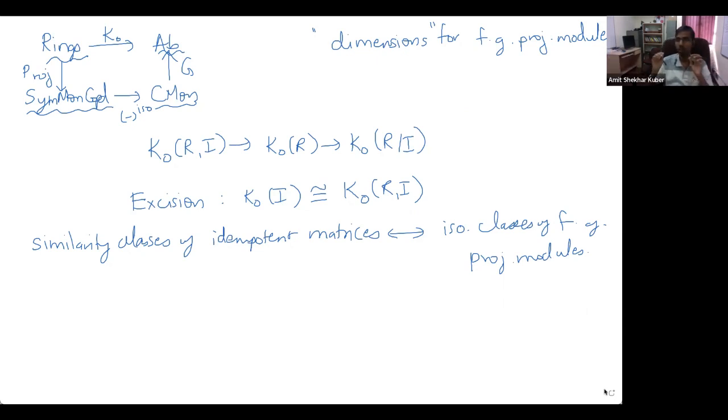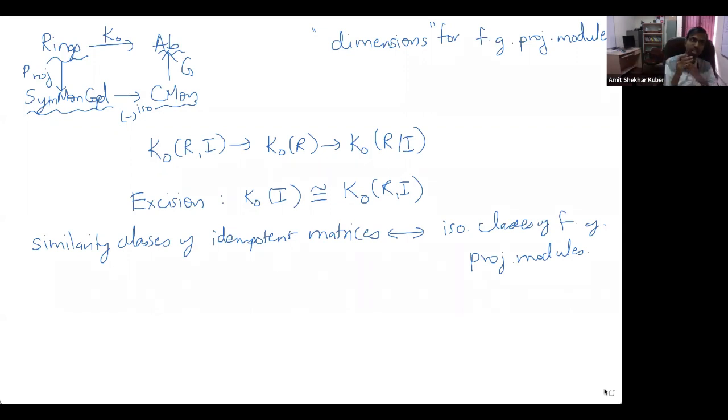Now, today we are going to look at one concept, which is basis K1, and this concept is orthogonal to this spread. It doesn't care about how much spread you have, but it cares about what happens eventually, as the size gets bigger and bigger. So this is our goal. Like Hyman Bass, we will try to capture this eventual behavior in the direct limit of the automorphisms of finitely generated projective modules.